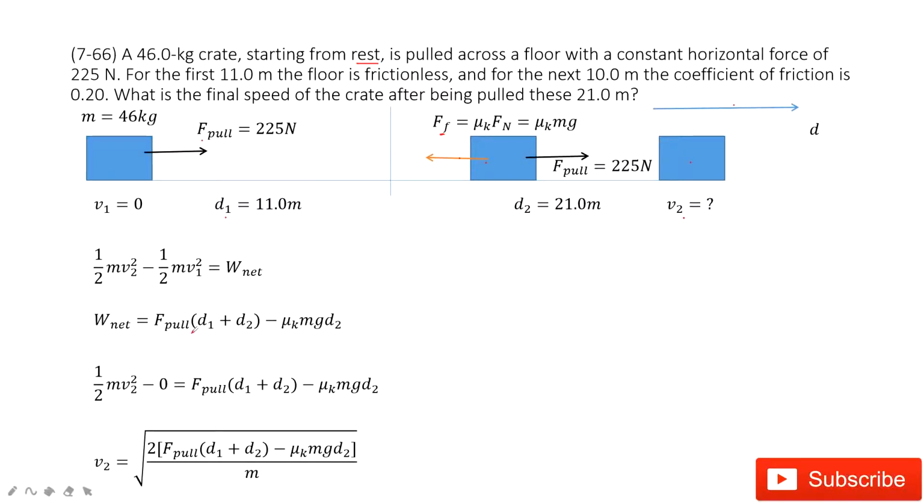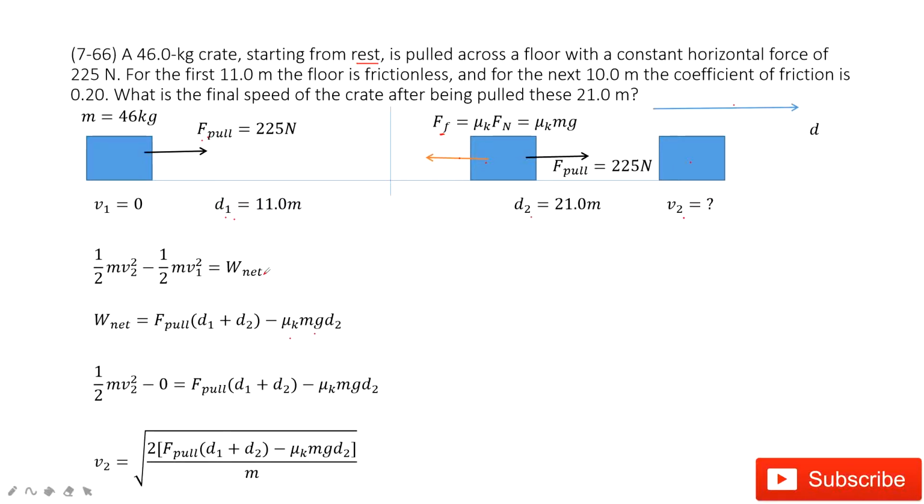Therefore, we can find the net work acting on this object is the pull force times D1 plus D2. This is the work done by the pull force, the force times the distance. And also the friction comes from mu k mg, and then the distance it covered d2, and these two are in the opposite direction, -1 there. So the net work is this one.